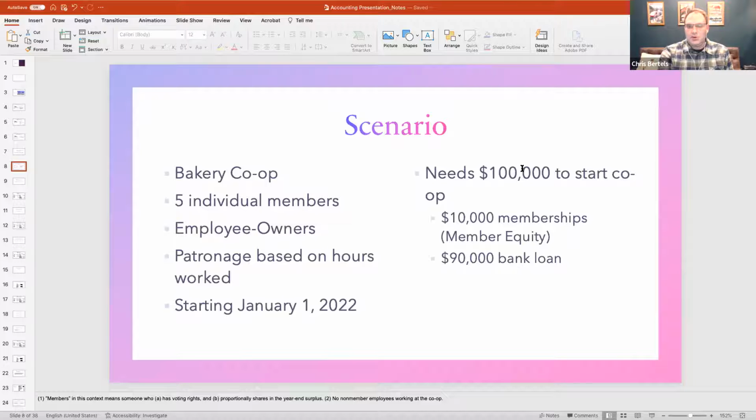And this co-op actually needs $100,000 as startup money to either buy the bakery or start it from scratch.